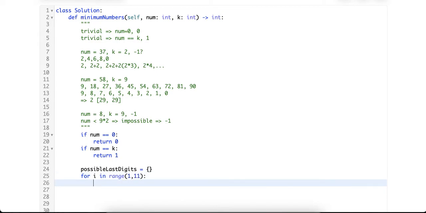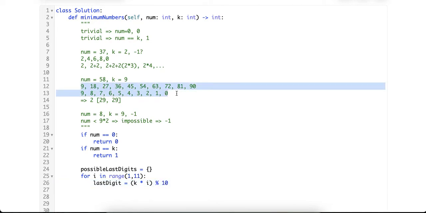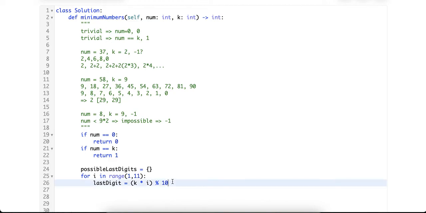So what we need to do is, last digit becomes k times i, and then we modulo it with 10. Basically, I'm doing multiplication, then I modulo it. Okay.